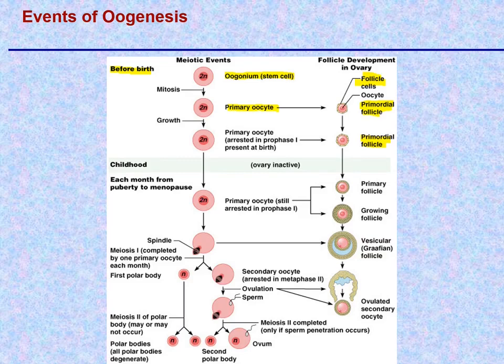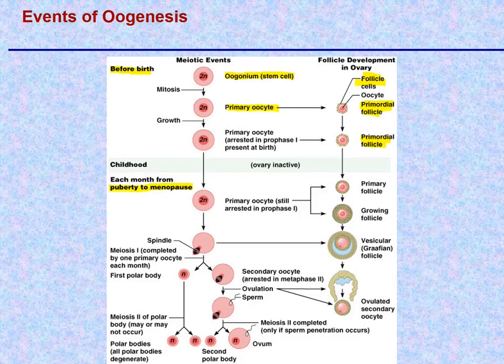So from the start of puberty, the first ovulation, which is called menarche, from then on, each month from puberty till menopause, which is the cessation, stopping of the ovarian cycle, when a female no longer ovulates, every month one primordial follicle starts to develop.